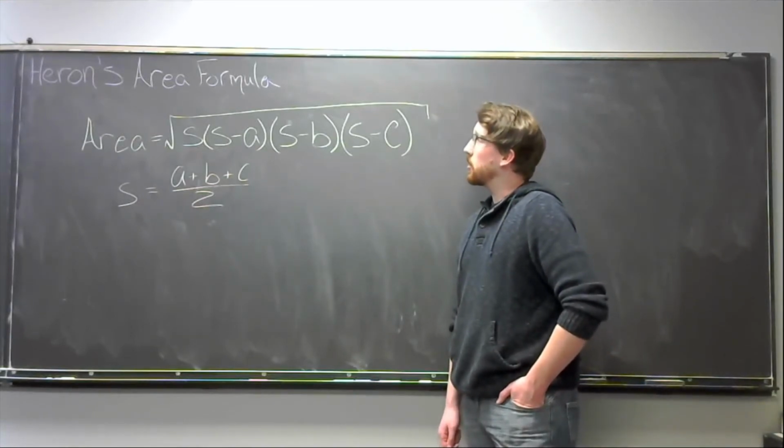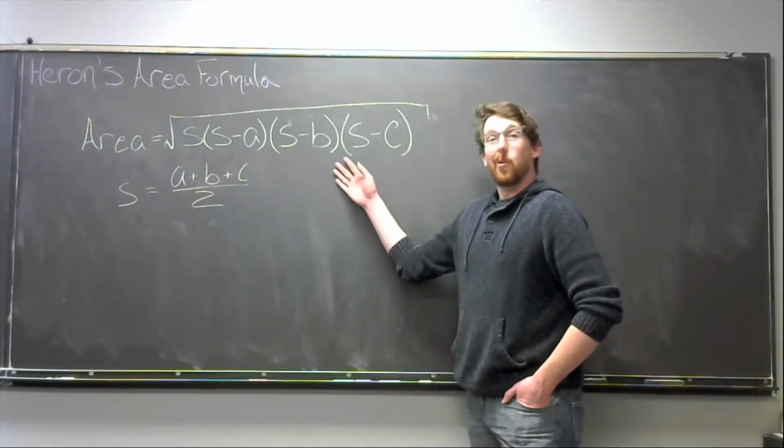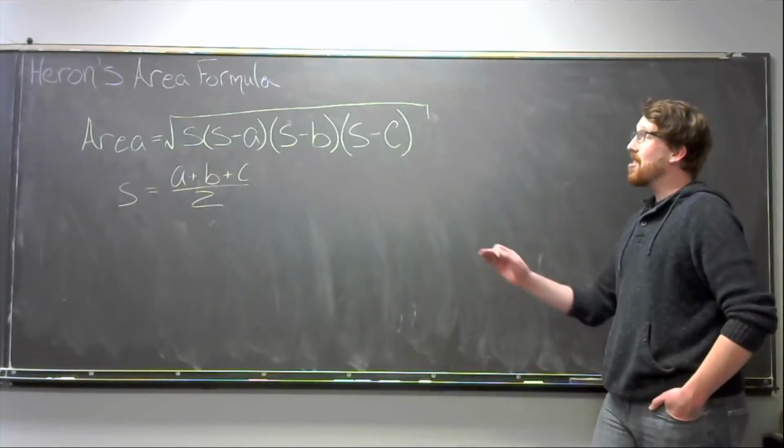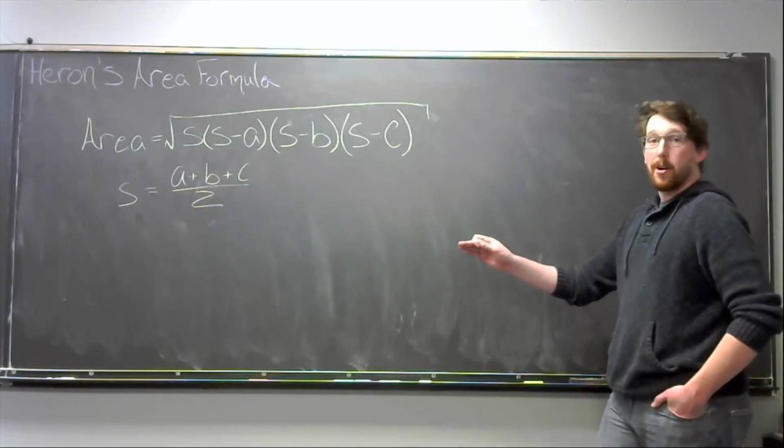As a result, we get this guy named Heron who comes up with another area formula for triangles.